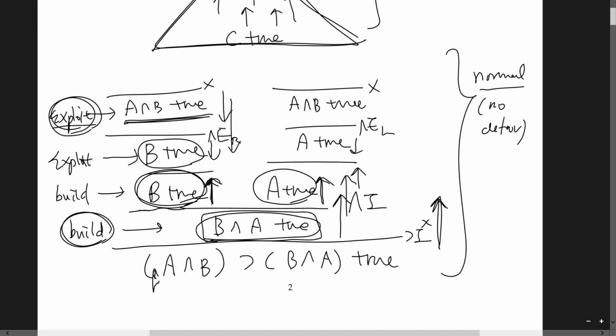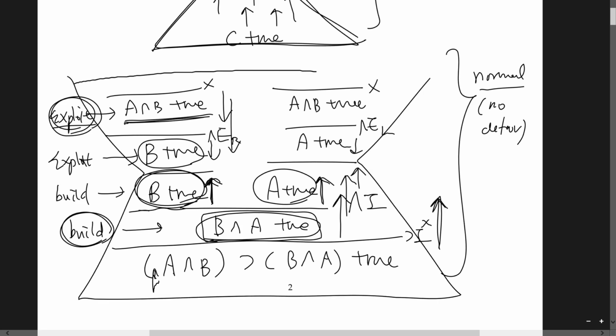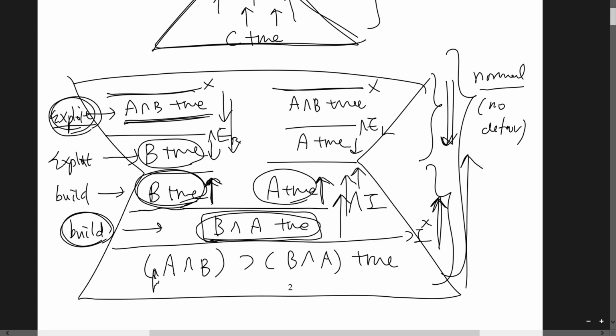So we can imagine that there is an hourglass that looks like this. In the upper half, we apply down arrow or elimination rules, starting with these hypotheses. And in the lower half, we keep applying introduction rules to move upward. So that's the basic idea behind constructing normal proofs.